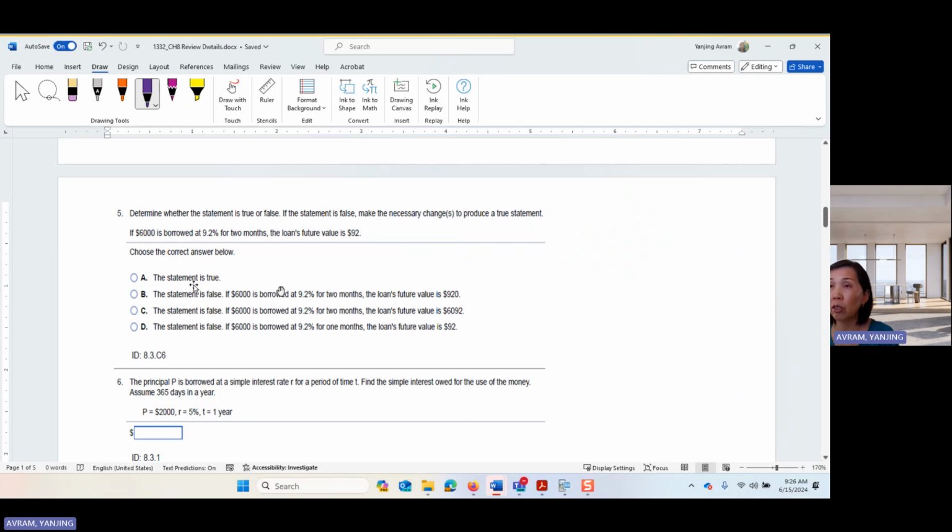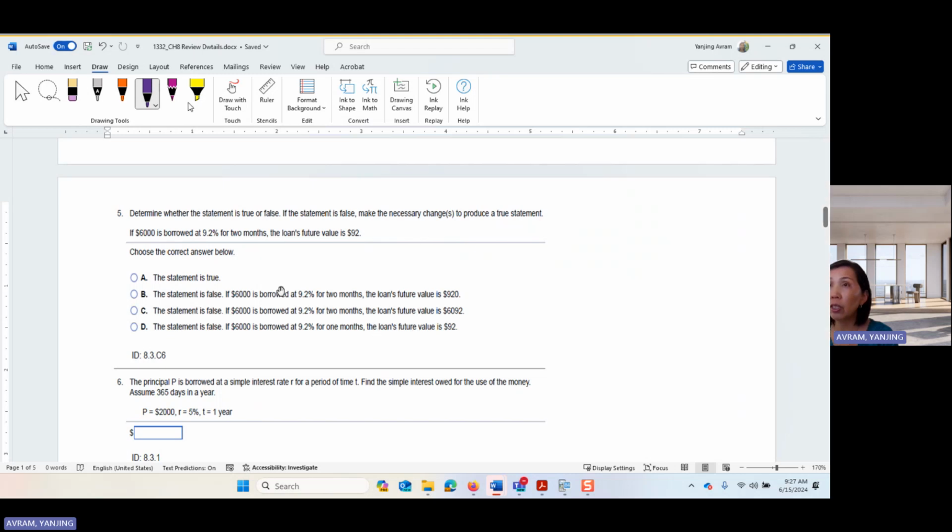So we can ignore A. B says the statement is false, the future loan value is 92. No, this is not right, because it's still less than 6,000. Anything less than 6,000 is incorrect.